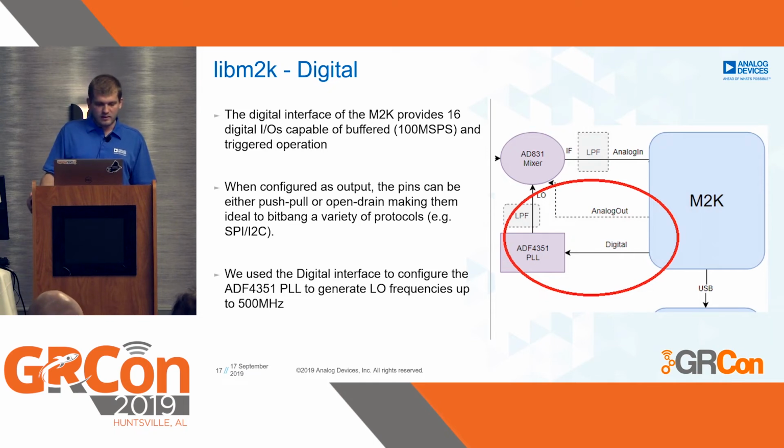The digital interface of the M2K provides 16 digital inputs and outputs which are capable of buffered operation and also triggered operations. As outputs, they can be configured either as push-pull or open drain, so they are ideal to bit bang a variety of protocols, and from the input you can decode, again, a variety of protocols.